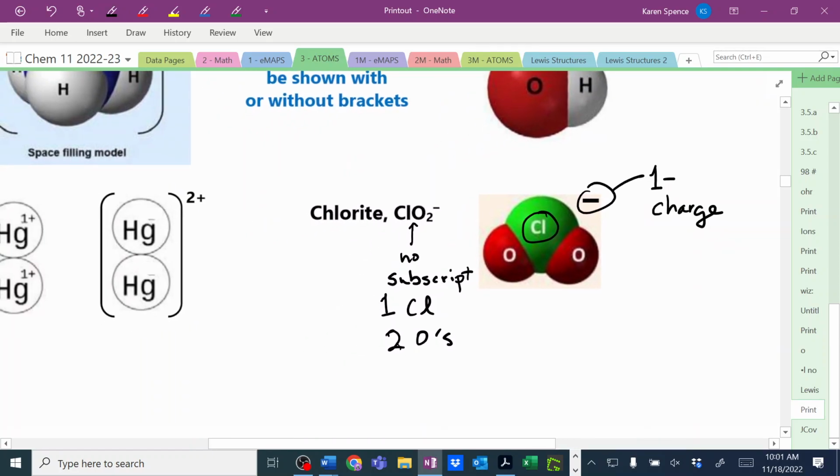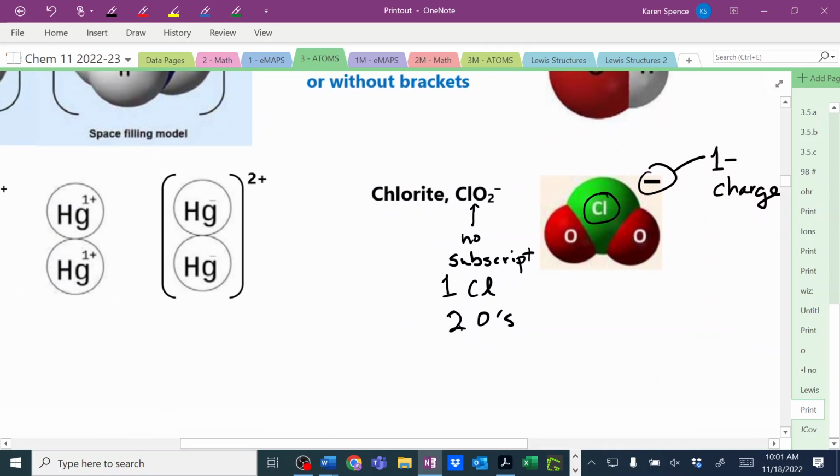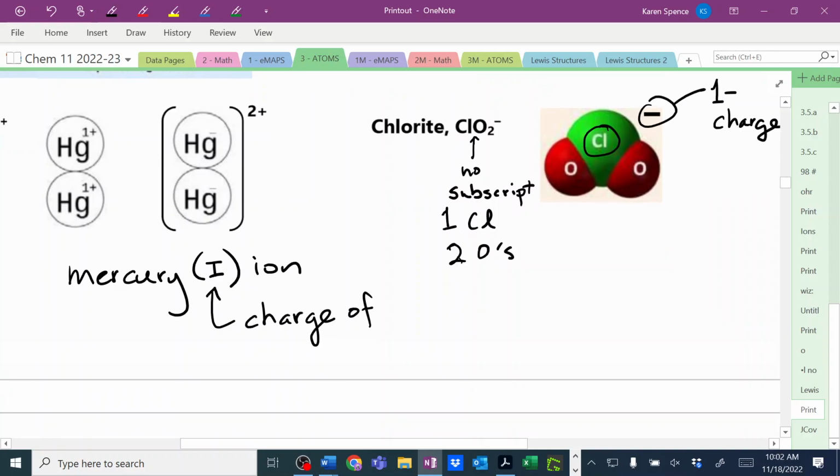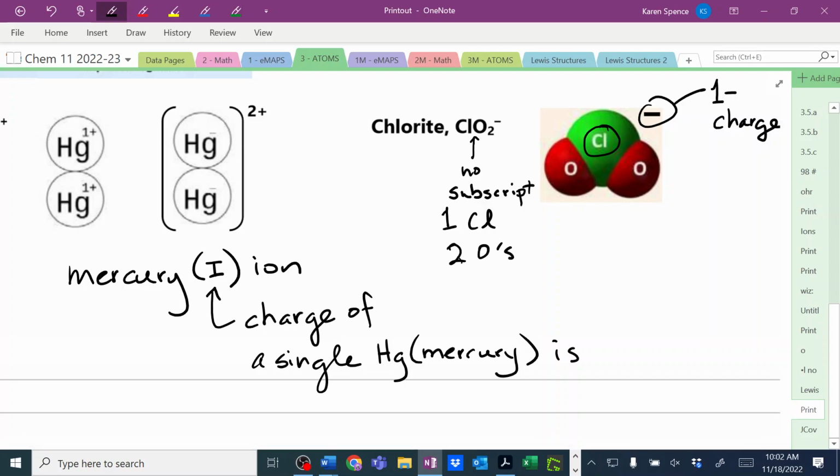And then mercury is a funny little one. This is called the mercury 1 ion. We'll get into why we have that later, but the 1 tells us that the charge of a single mercury is, what does the Roman numeral I stand for? 1.